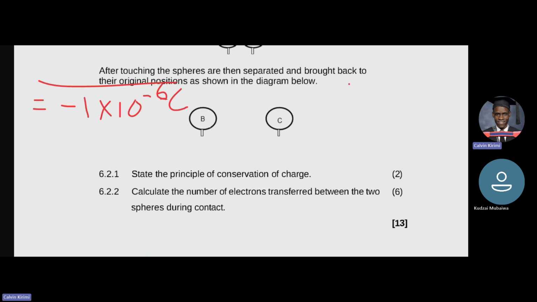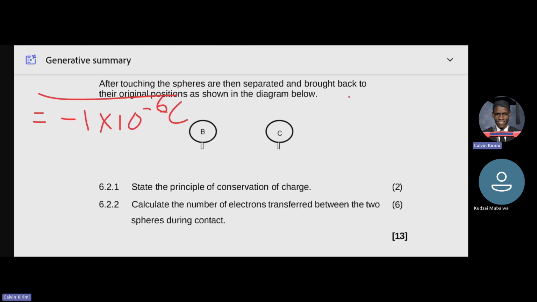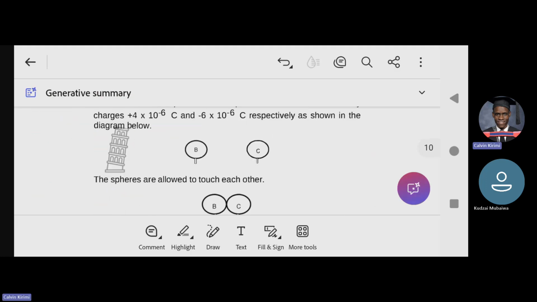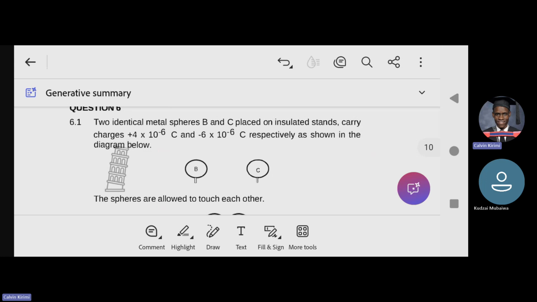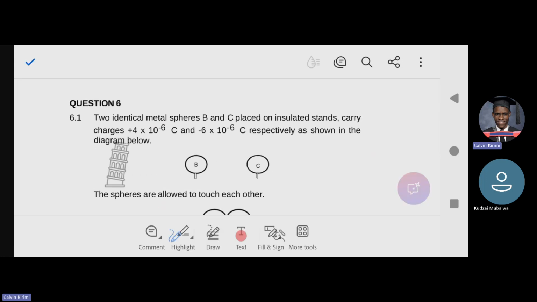So now the question is saying calculate the number of electrons transferred. First, you must know how many electrons each sphere gained. So how do you calculate the gain of electrons? Since it moved from a positive charge, this was a positive charge.